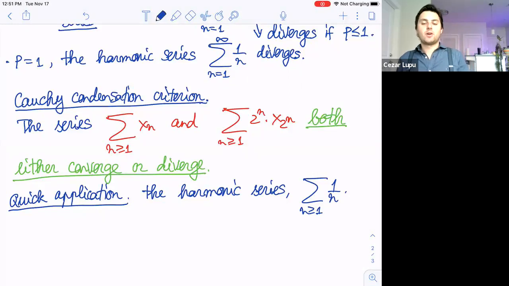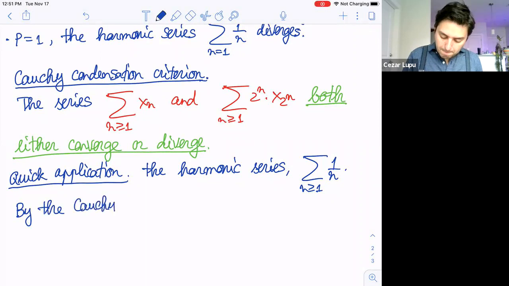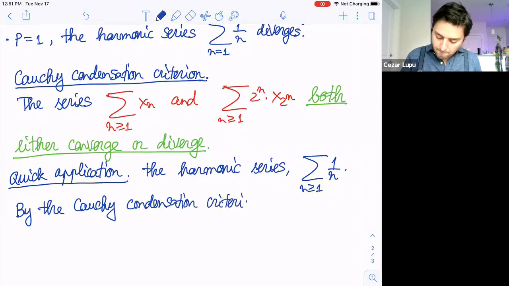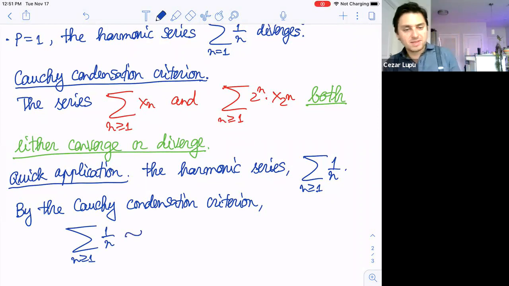So by the Cauchy condensation criterion, I'm going to write it in this way. The harmonic series, 1 over n, and then I'm going to write it like this.